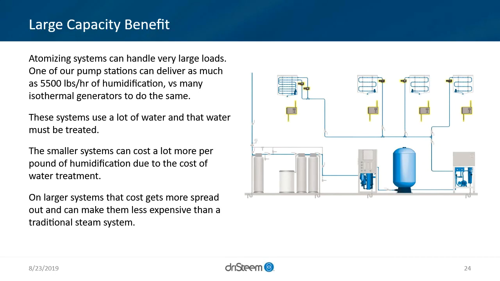The smaller the system is, the more relative cost it is to handle that water treatment, pump station, etc. So where we see the largest benefit from an economic perspective, even though we have smaller systems, is roughly 1,000 pounds per hour and above. Not to say that there aren't benefits to doing smaller systems, and there definitely are, but that's typically where we see the break point.